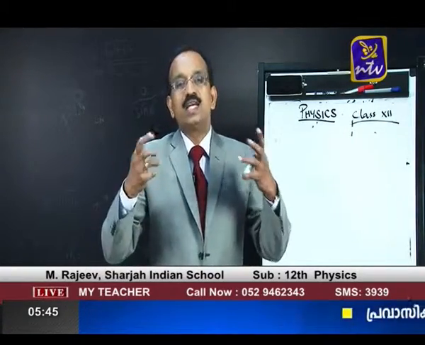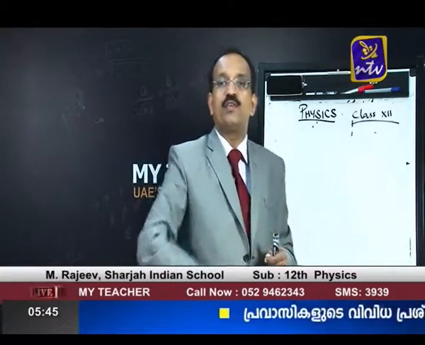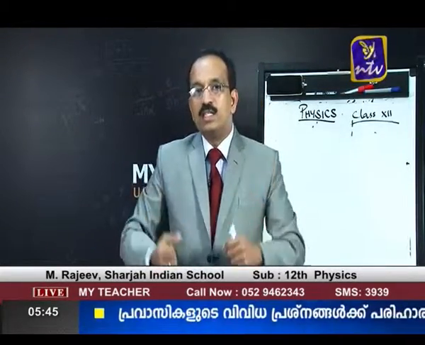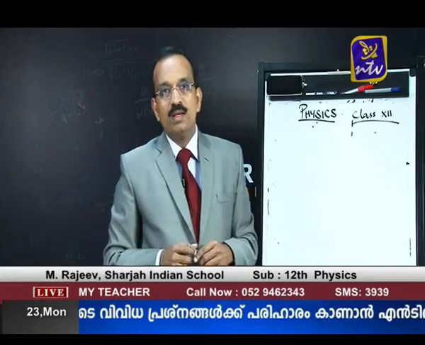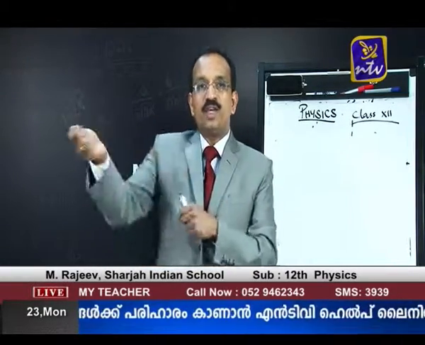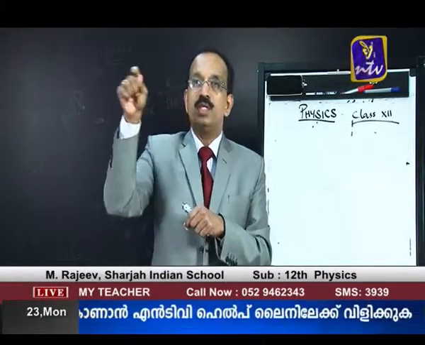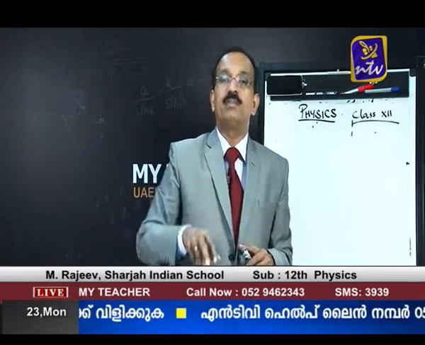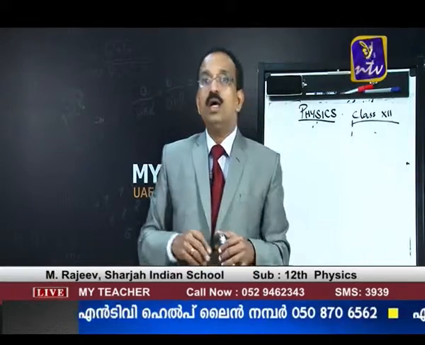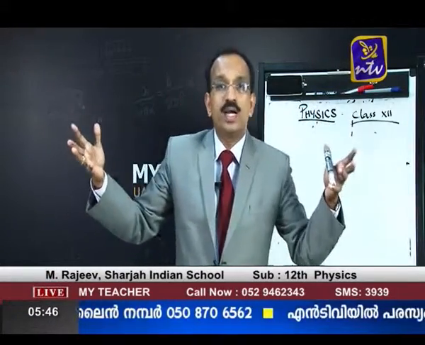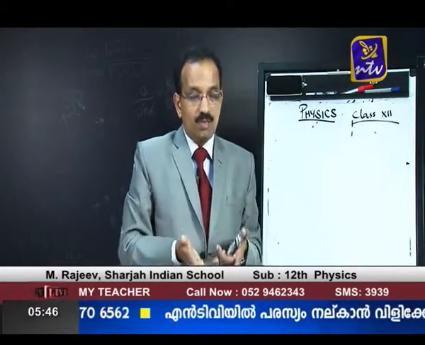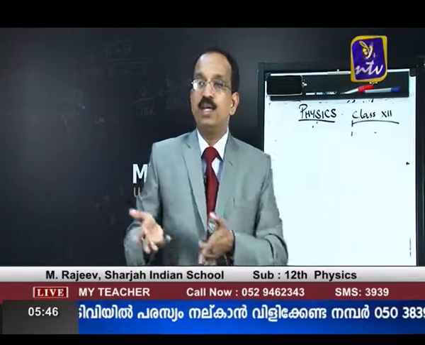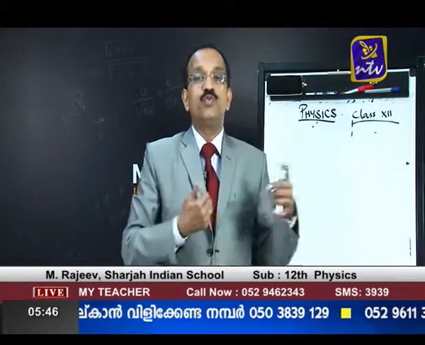So, what does the charger do? You are charging your mobile phone. What does the charger do? See, why are we not able to straight away connect the mobile phone to the socket without the help of the adapter or the charger? Because the voltage available is 230 volt, but what we may require in a mobile phone is 6 volt or 9 volt.